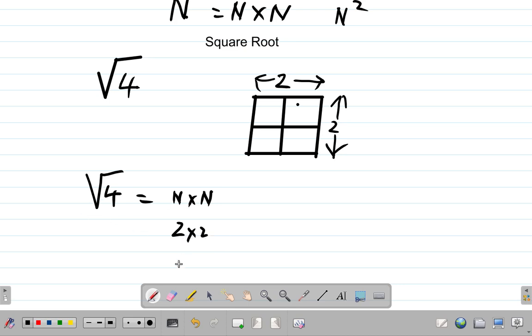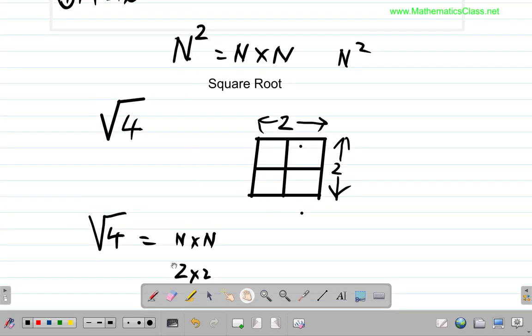So the square root of 4 must be 2. Right? So basically, you come back here. You have n squared. The square root of n squared must be n.